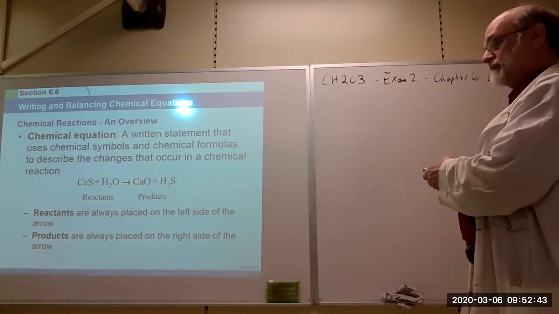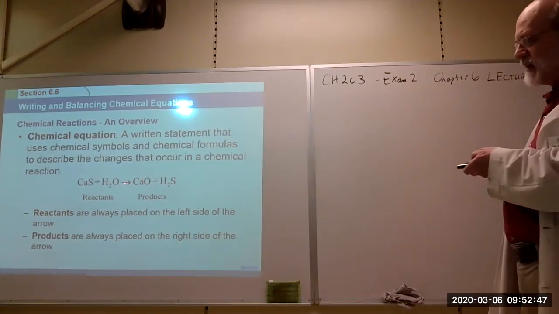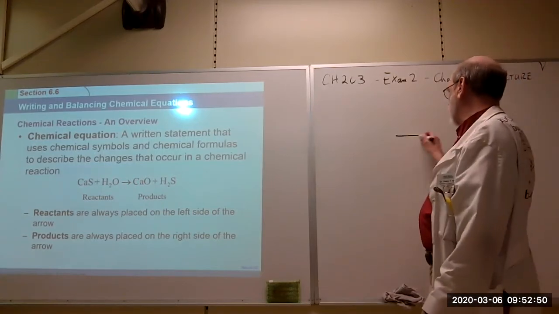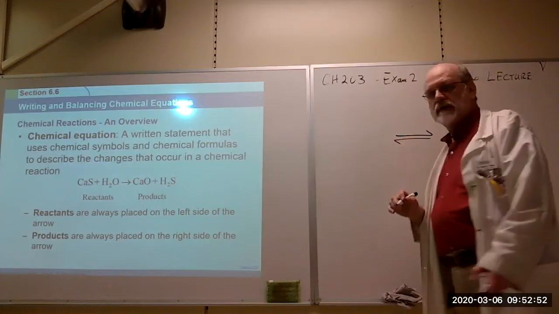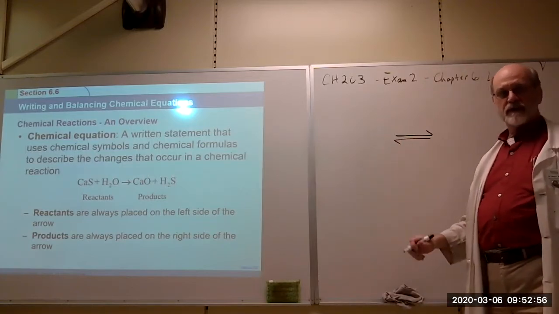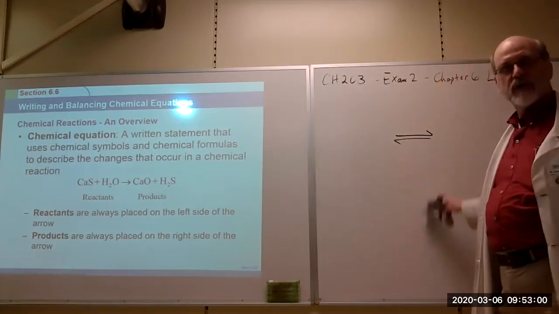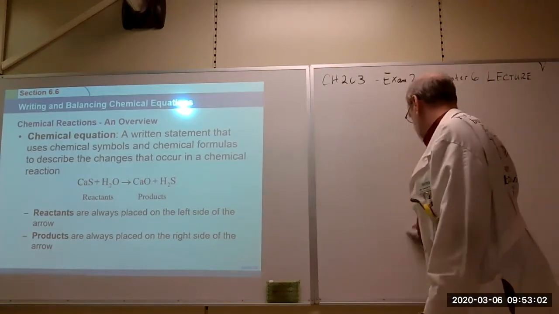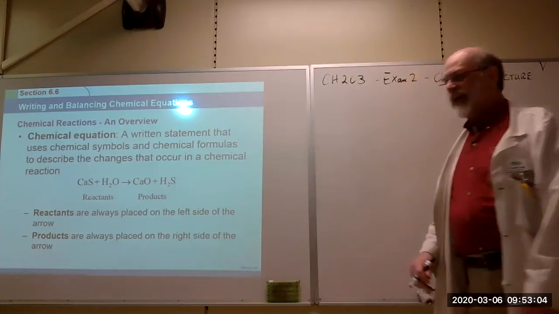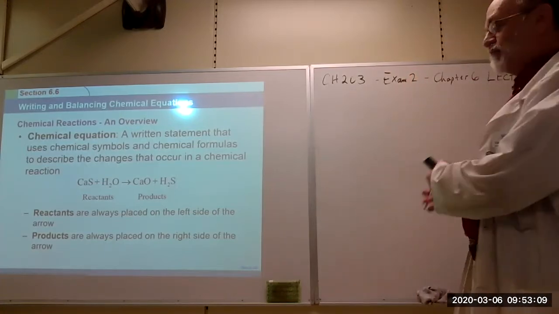Okay? Sometimes you may see a double barbed arrow like this. That just means that the reaction can go forward and reverse. But at this point, we're just going to put a single arrow in there because we're more interested in the mechanics of writing the chemical equation first and balancing it.